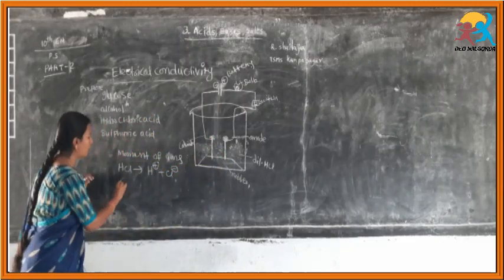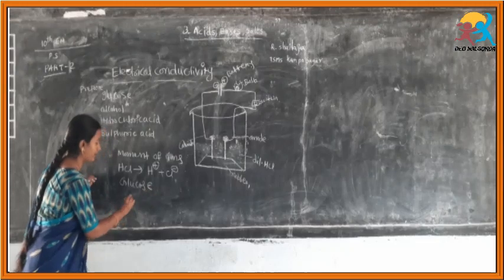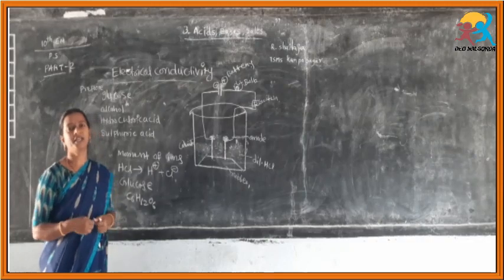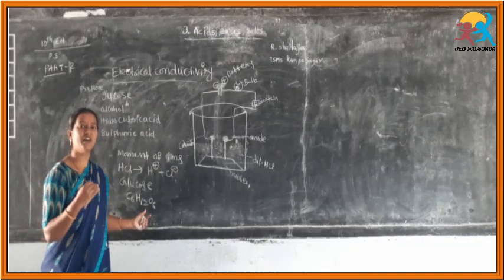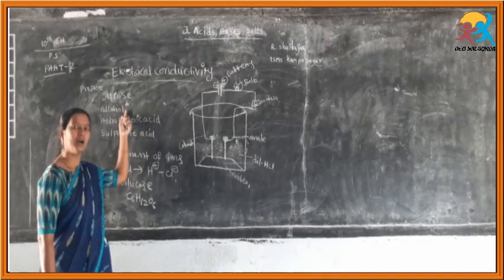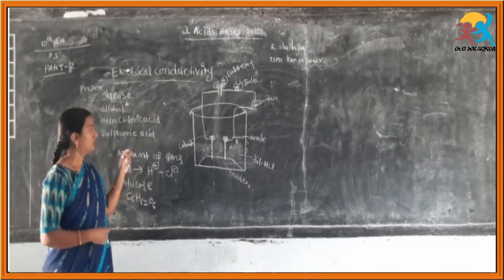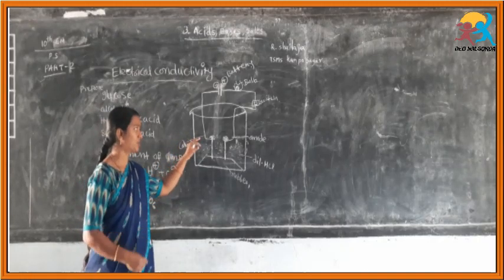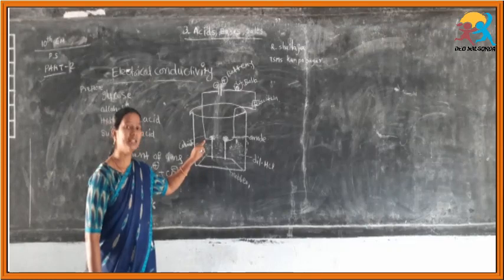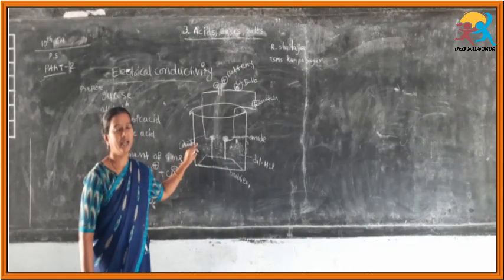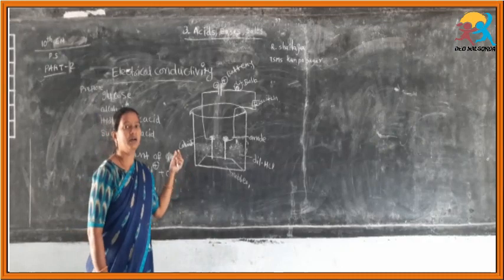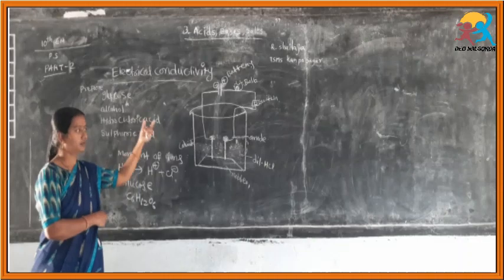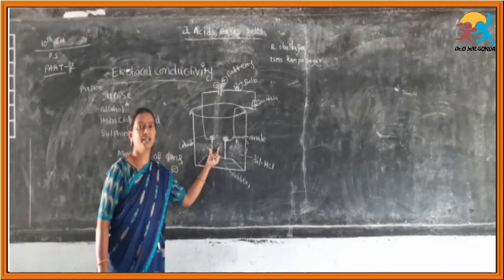But in the case of glucose, C6H12O6, this molecule does not dissociate into ions. So ion formation does not occur in glucose and alcohol, and that's why they do not allow the current. In the board exam, they must ask about drawing the electrical setup for the electrical conductivity of acids and bases. So we have to know the diagram of this electrical conductivity.